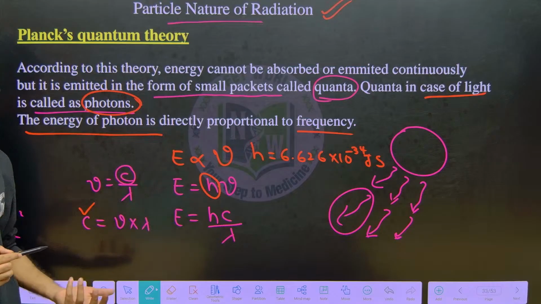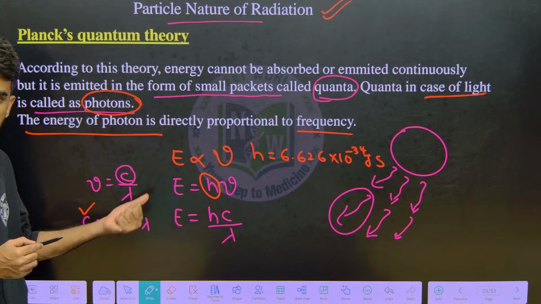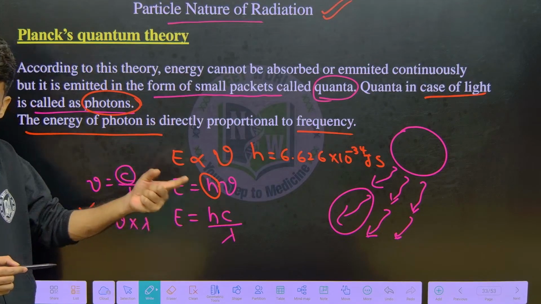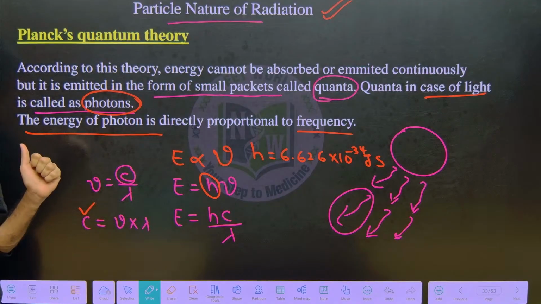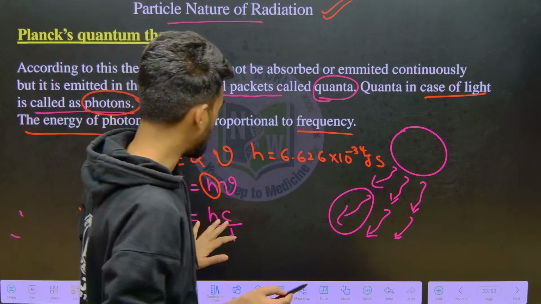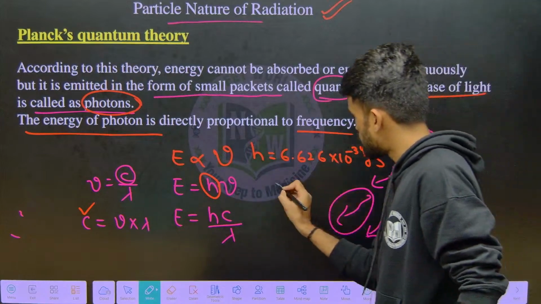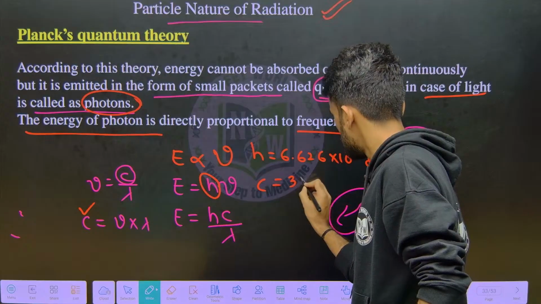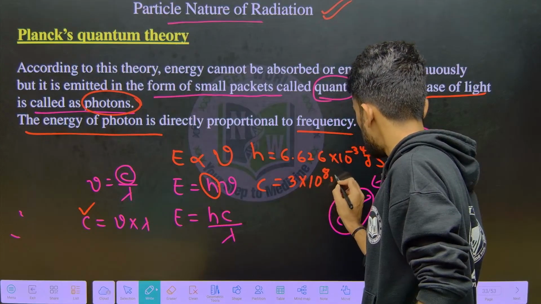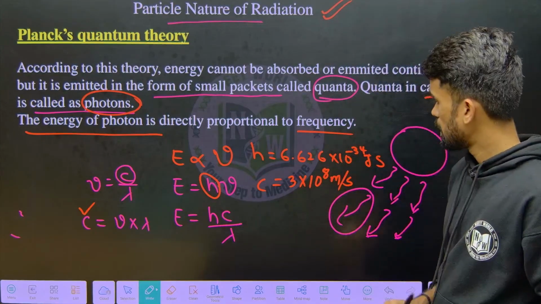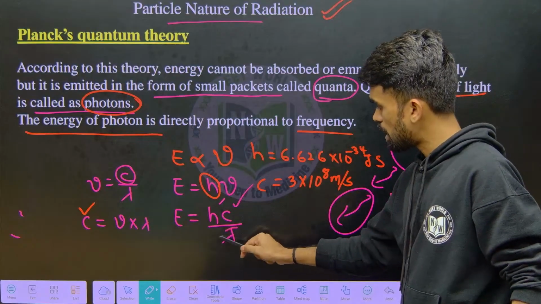Other speeds also you can calculate if they give frequency and wavelength of that particle. Hope everything is clear up to here. So what is the value of c here? 3 into 10 power 8 meter per second. They will mention this value.